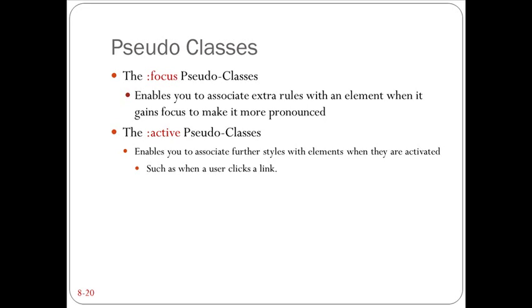Well, any text box, actually any control on a form, images, links, those are the type of things that can gain focus. And you can then control what that looks like when it does gain focus to bring attention to that to the user. The active we talked about enables you to associate further styles with elements when they are activated, again, as the user is pressing the button down.